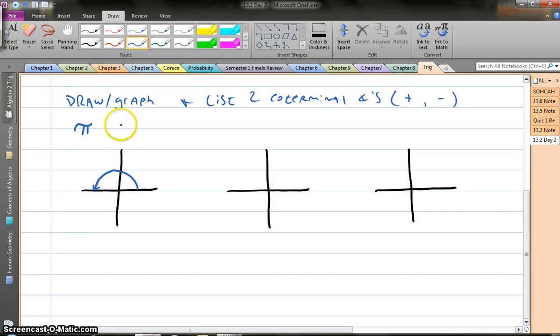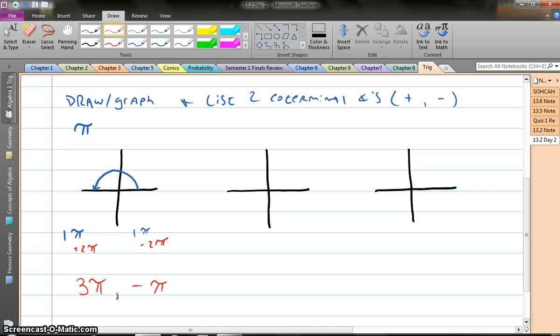So that's my graph, part 1, check. Part 2: if we take 1 pi and add 2 pi, I get 3 pi. So that's my first coterminal, if I went all the way around and then 1 pi more. Now if I have 1 pi and I subtract 2 pi, I'm left with negative 1 pi. So there's my positive coterminal and my negative coterminal.